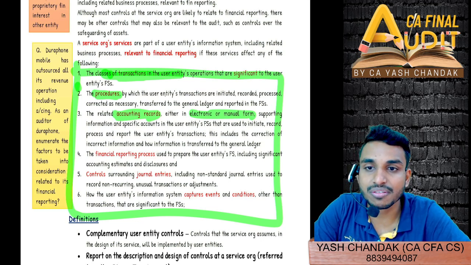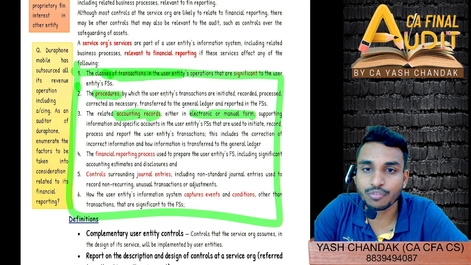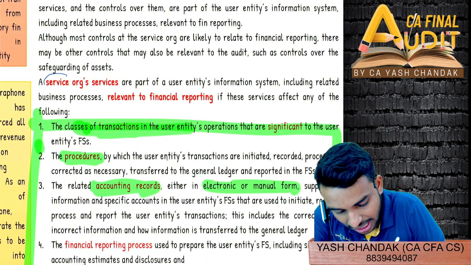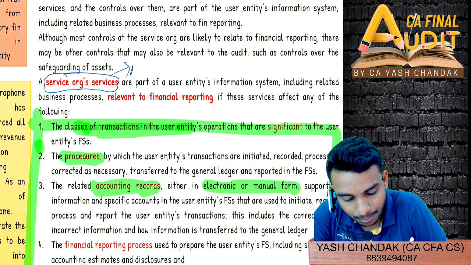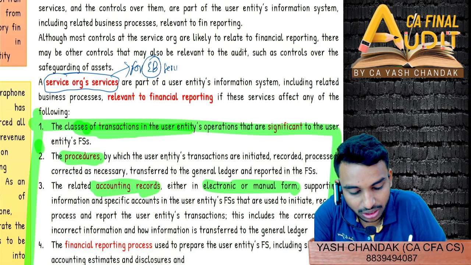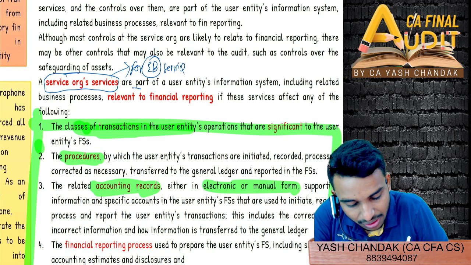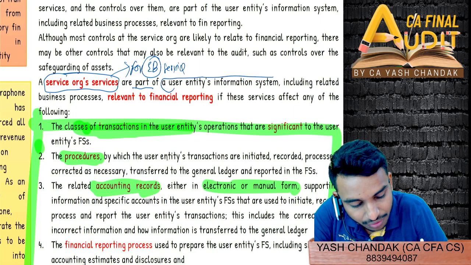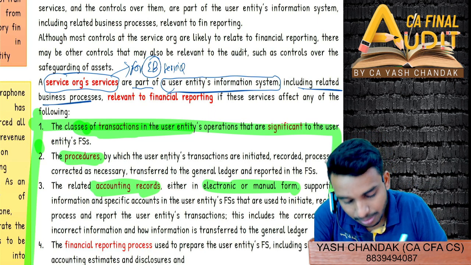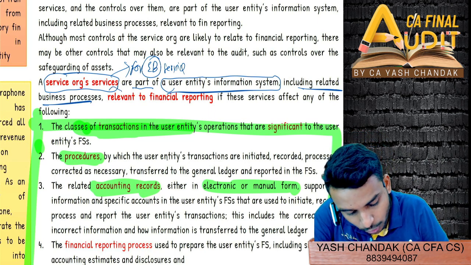A service organization's services are part of the user entity's information system. That means whatever services they are providing as a service organization, for example, employee benefit services, we will consider as a part of our entity's information system, including related business processes relevant to financial reporting.